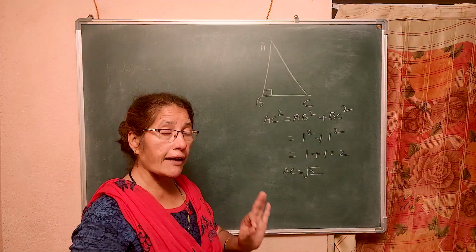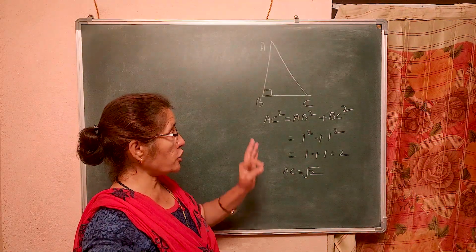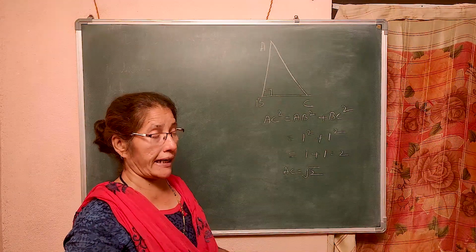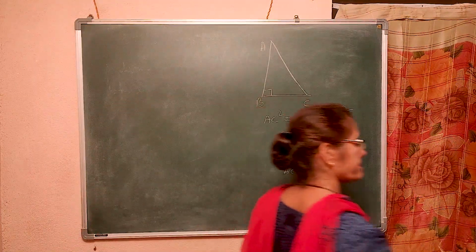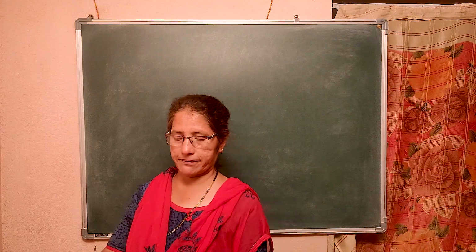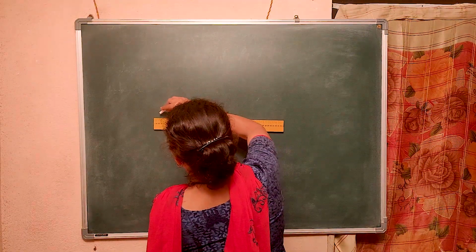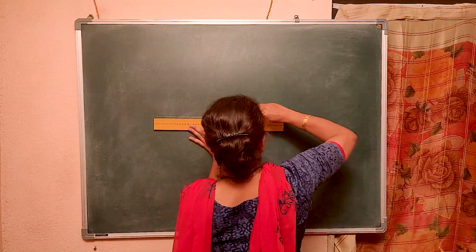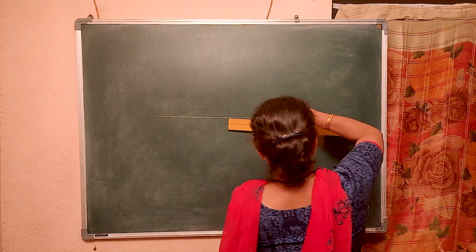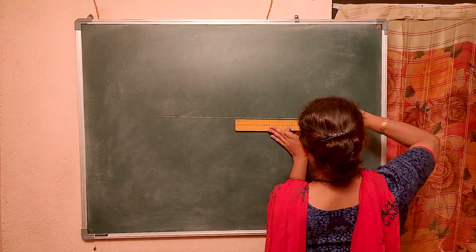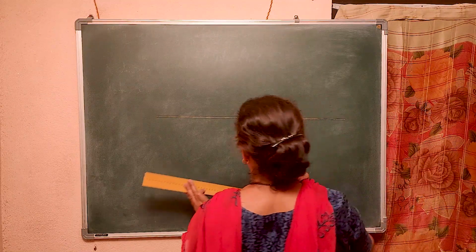Now, how will I draw square root of 2 on a number line? Let us see together. You have to take a scale and draw one straight line. When you draw a straight line, you have seen in your scale there are centimeters, right?